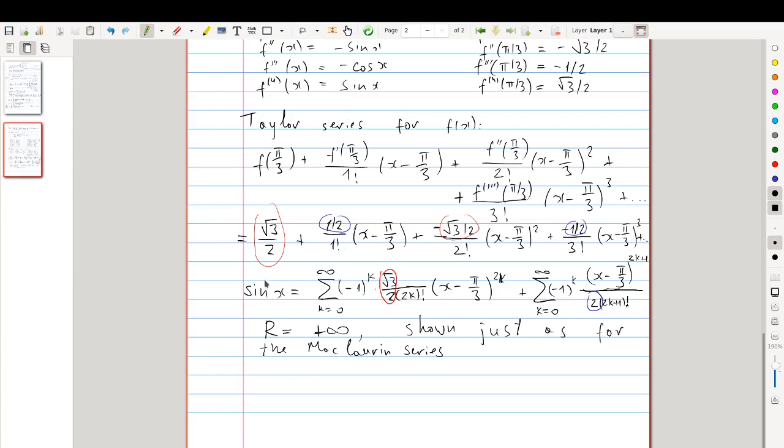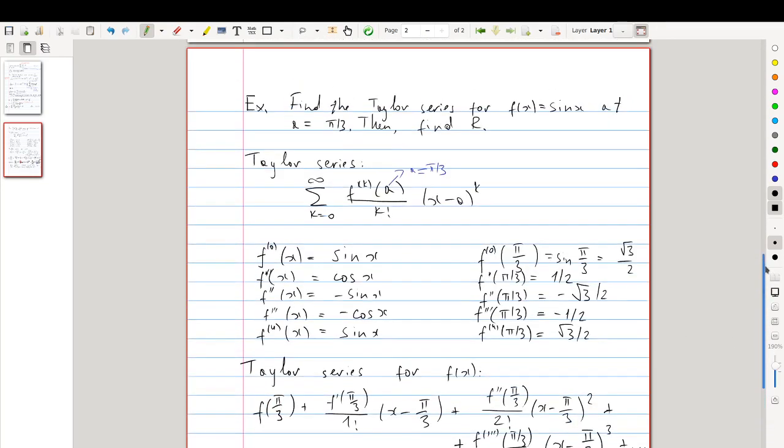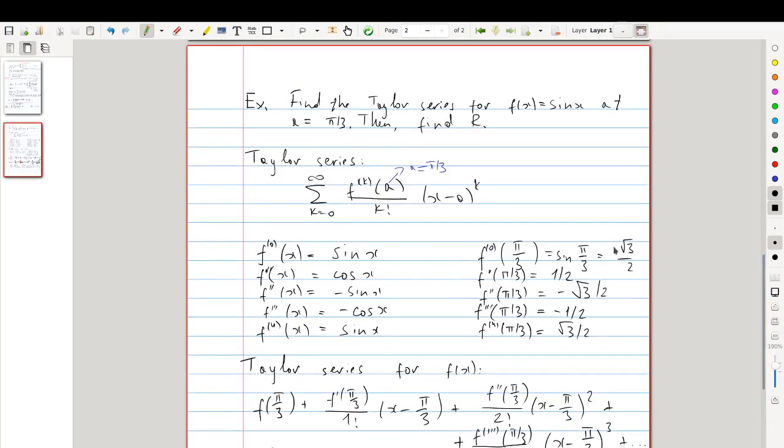Show that this series here is convergent for all x's. So of course, it suffices to apply the ratio test.